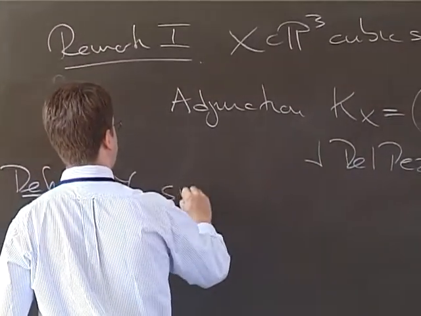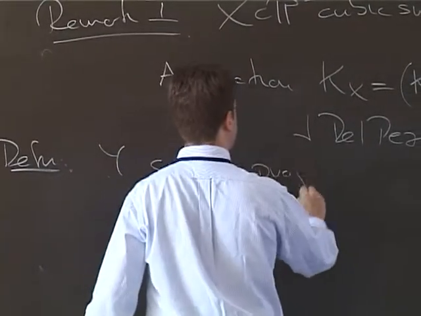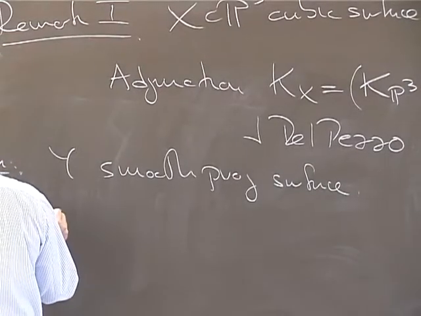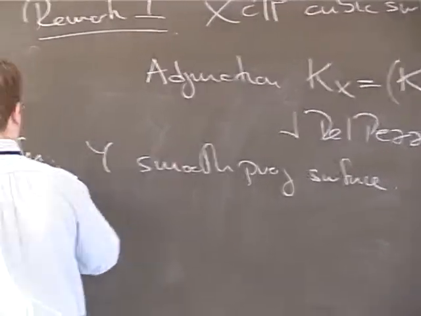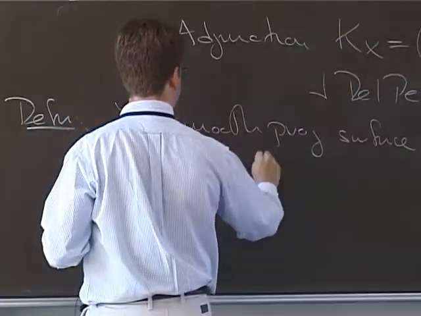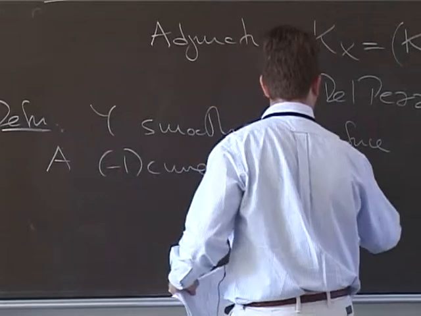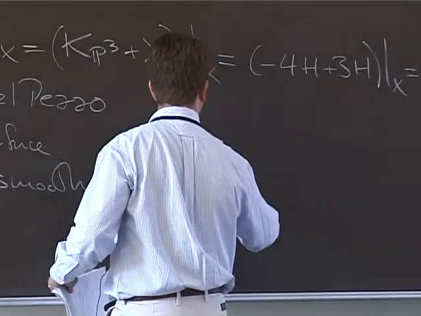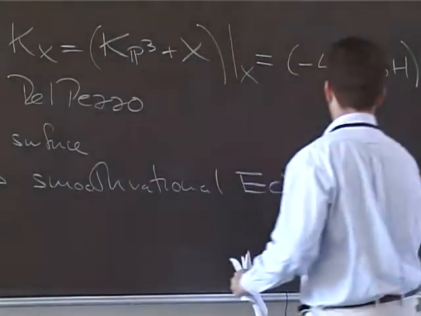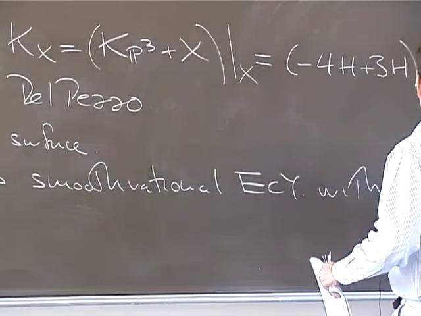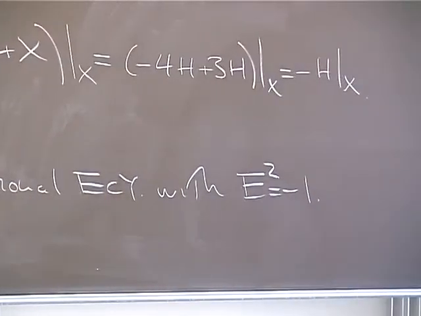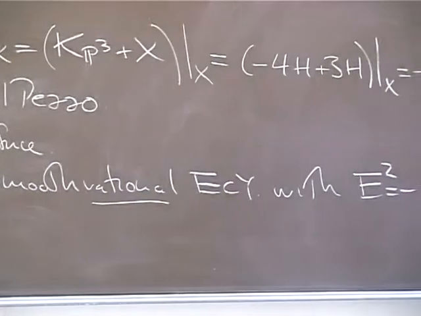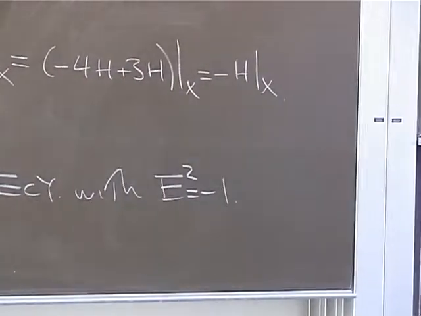So if Y is a smooth projective surface, a minus 1 curve is a smooth rational curve E in Y with E squared equals minus 1. I need the word rational here. There can be elliptic curves with E squared equals minus 1. So rational is an important part of the hypothesis.